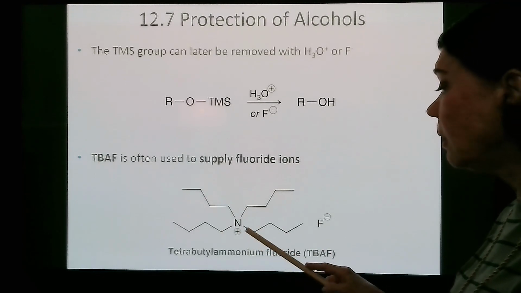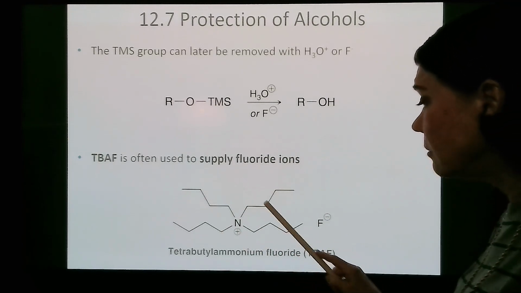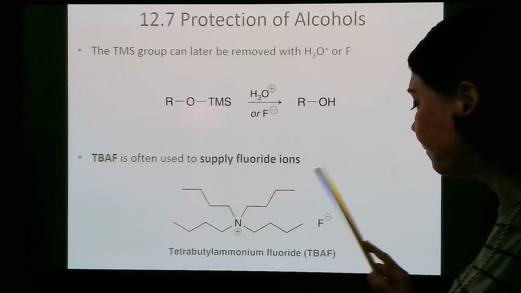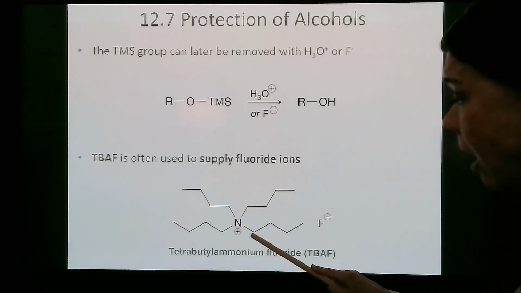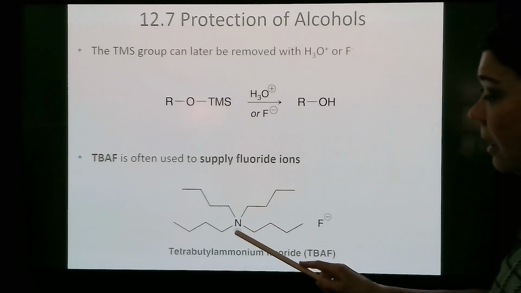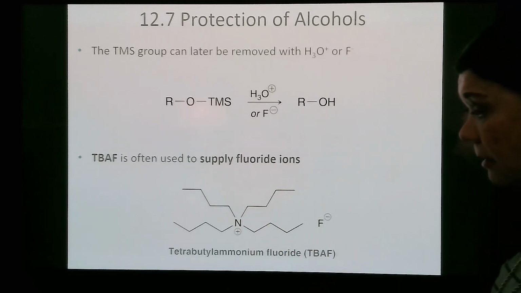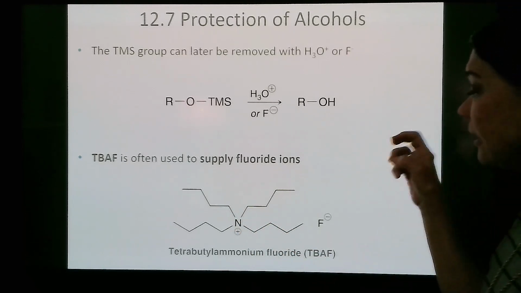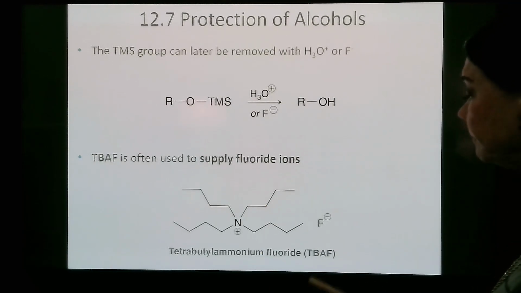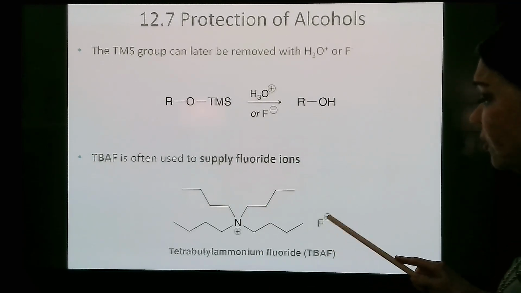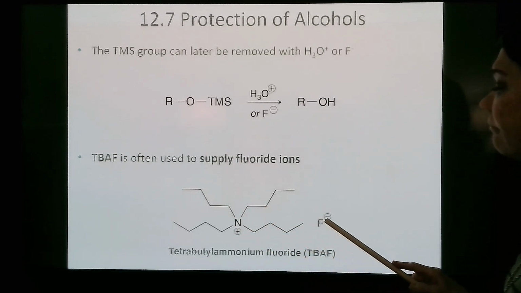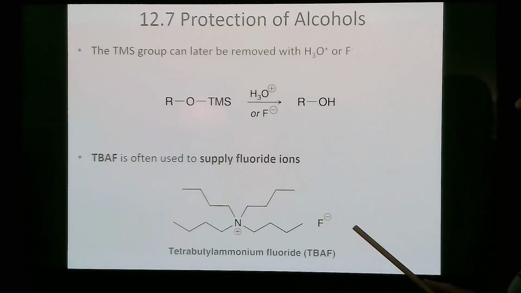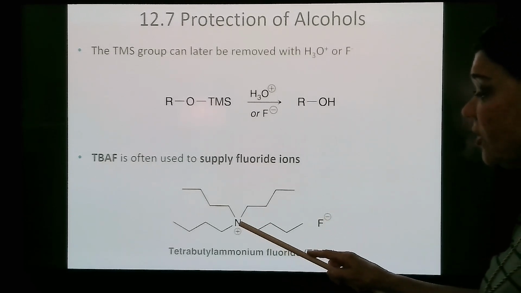The tributyl ammonium fluoride is often used because when you have the tributyl ammonium, this cation is really sterically congested, and fluoride is not going to be very closely associated with the cation. So this F minus, this fluoride anion, is going to be kept away from the cationic center.